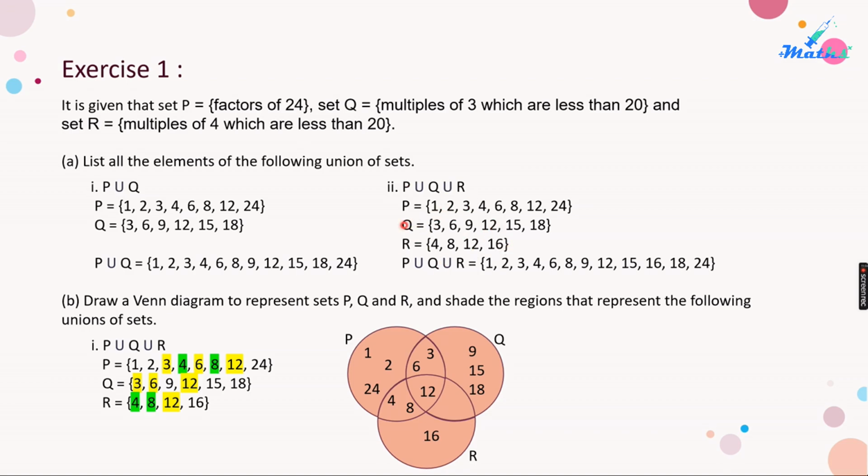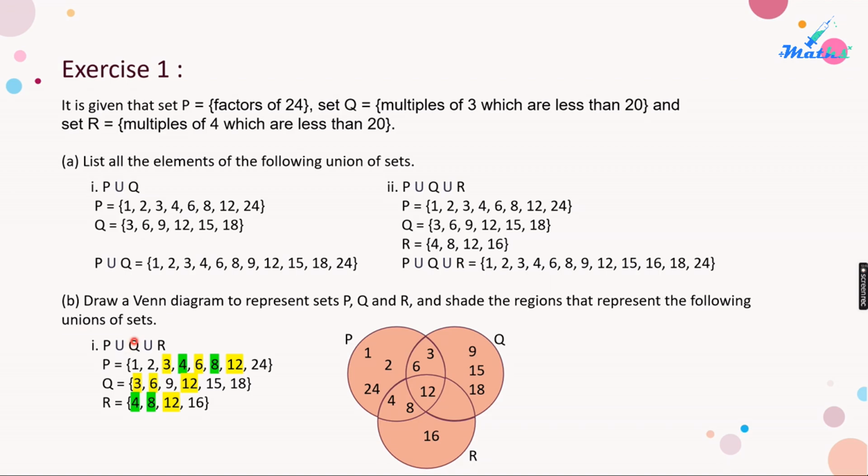So we just combine all the elements of set P, set Q, and set R. So we get P U Q U R equals 1, 2, 3, 4, 6, 8, 9, 12, 15, 16, 18, and 24. For D, draw a Venn diagram to represent set P, Q, and R, and shade the regions that represent the following union of sets.